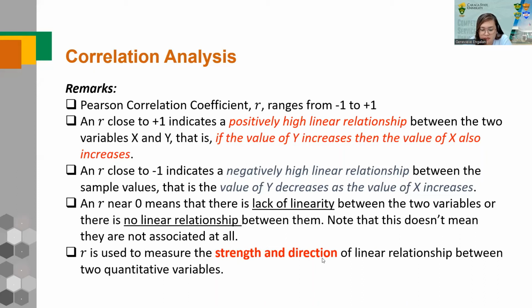Pag negative is decreasing pod. Pag negative, decreasing meaning ang trend panaog, no? So mag-increase ang Y, mag-decrease ang X, or kung mag-decrease ang Y, mag-increase ang X. So baliktad sila.